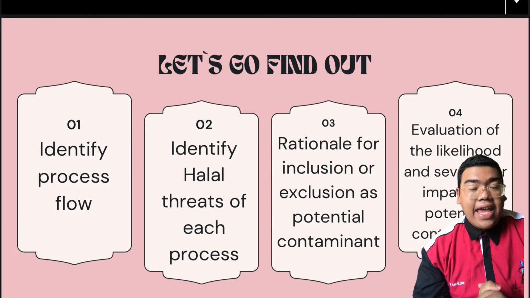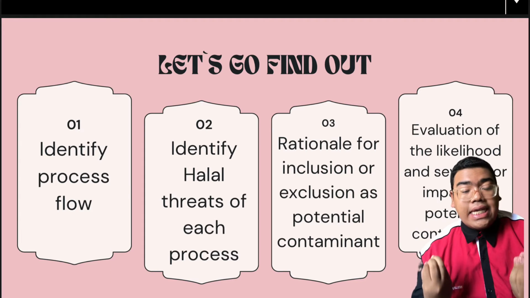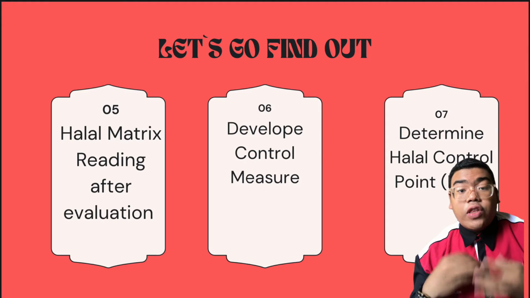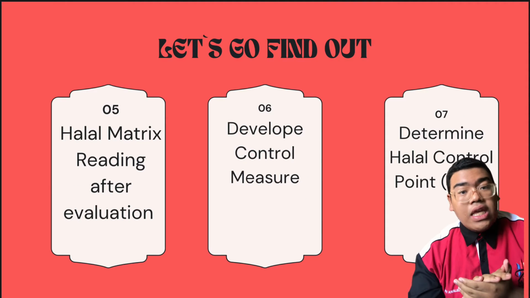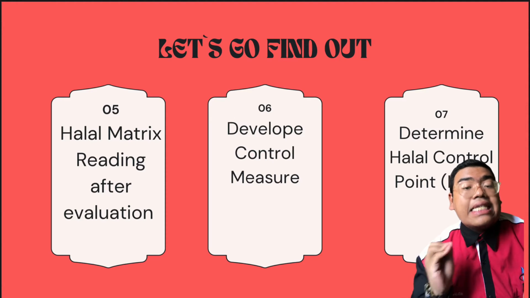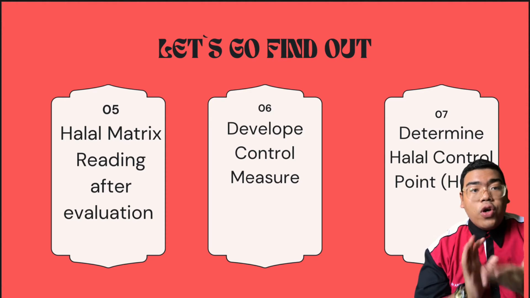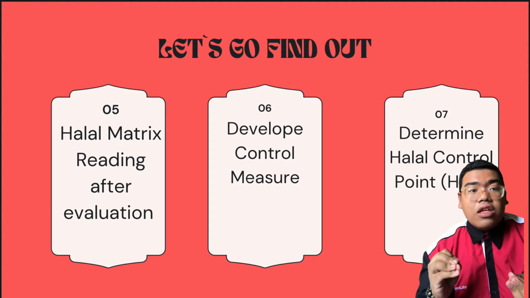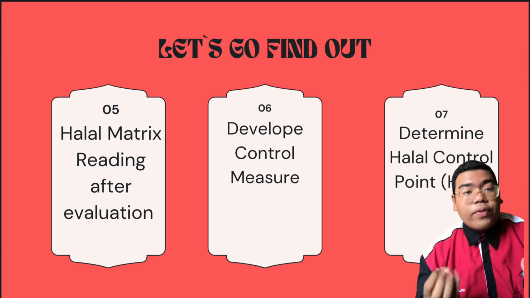Okay. After we evaluate the halal trait likelihood and severity impact of the potential contaminant, we get the halal matrix risk ranking to know whether the point is critical, high, or low. If the halal matrix risk ranking is 7, 8, or 9, then the halal trait in the process flow is automatically considered a halal control point.